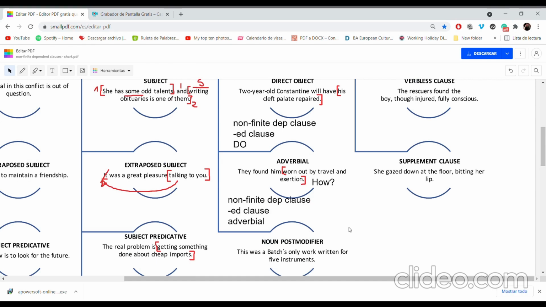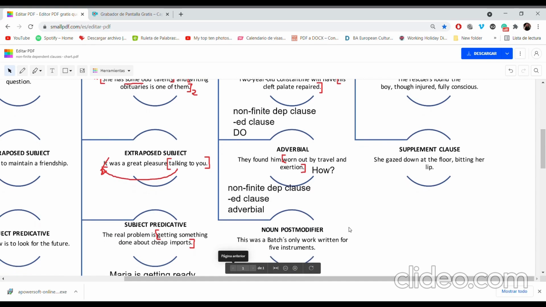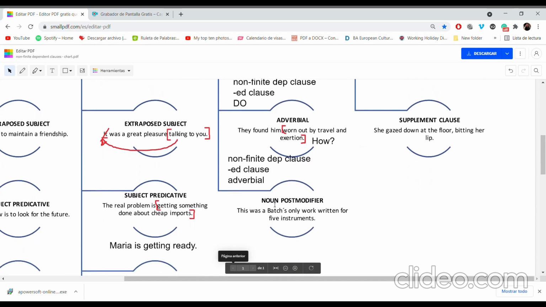And the last syntactic role for ed clauses is the one of noun post modifier. Let's mark here again. See that the ed clause begins with an irregular verb form, so please consider that when you analyze your examples. This was Bach's only work written for 5 instruments, right?